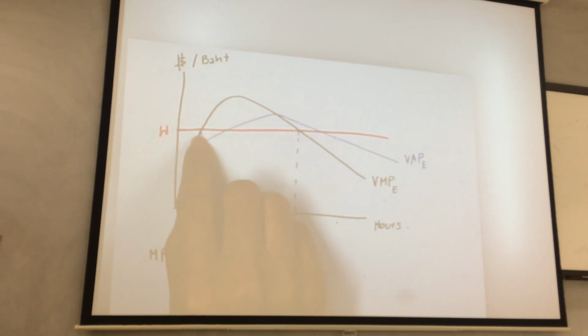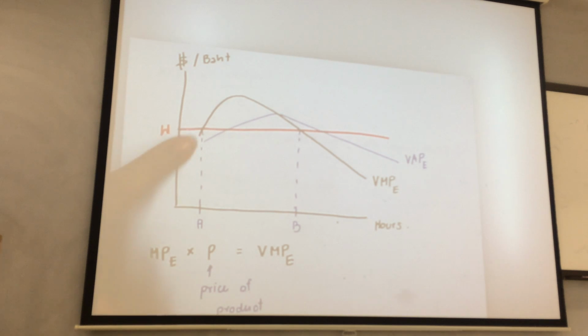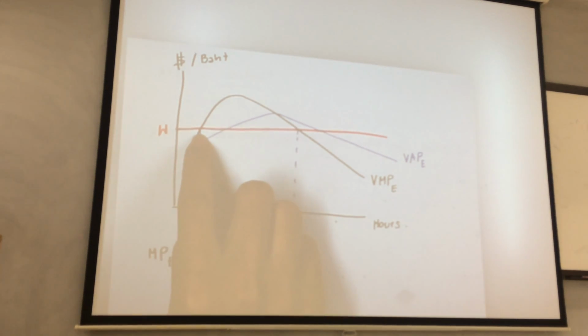If you decide to hire at this point, it's actually the point where you probably get the minimum instead of the maximum. So you have to be careful. It's not just that you have a line intersect, so you pick marginal benefit equal to marginal cost. You have to look at the situation at each of the points. At this point, before this, the marginal cost is higher than marginal benefit.